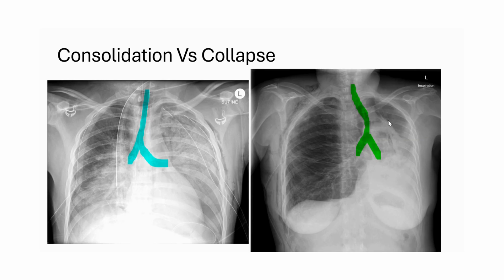This is the pleural outline due to collapse of the lung, or lung volume loss, and the mediastinum is shifted to the left side with hyperinflation of the right lung field, whereas in this image the lung field is completely normal in size. So these are the features of collapse and consolidation, and we can differentiate the two by these points.